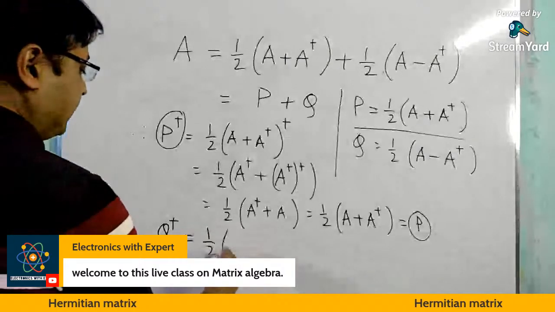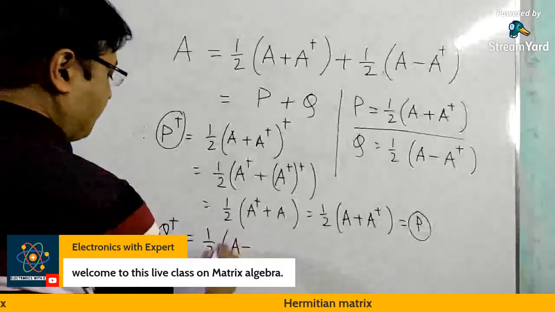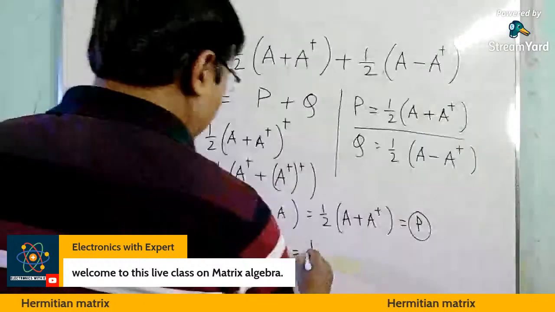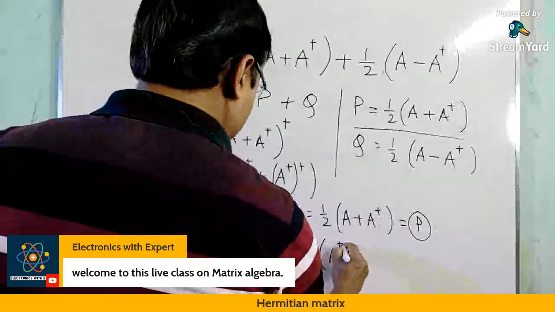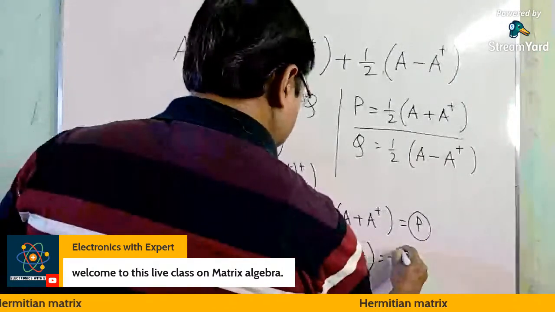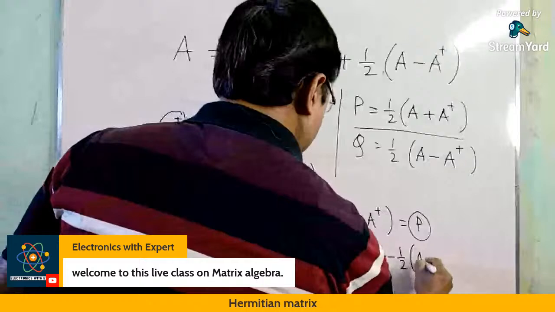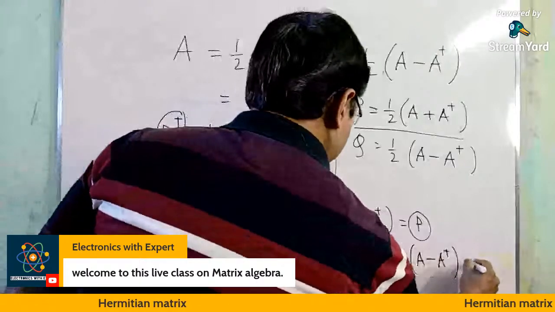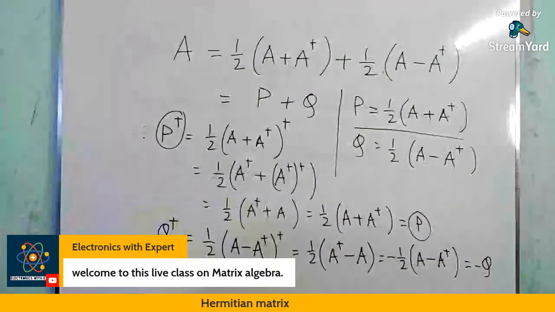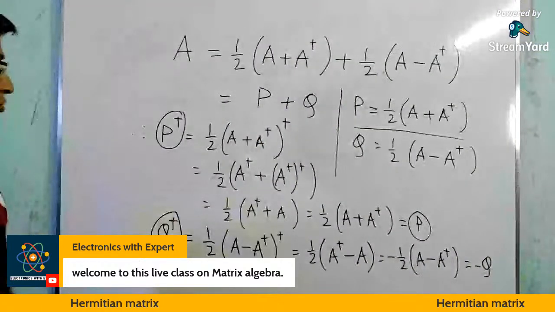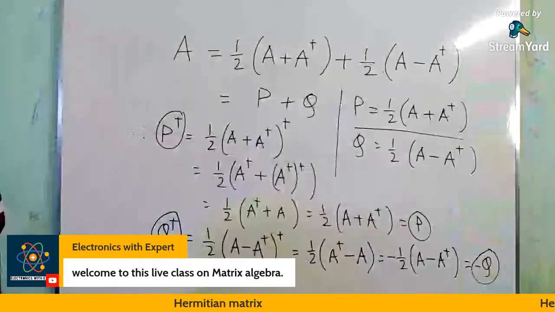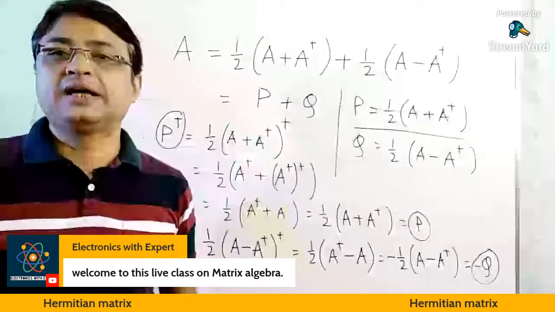Expressing it in the same way, half of (A minus A dagger) whole dagger will be half of (A dagger minus A dagger whole dagger, that is A), or it can be written as minus half of (A minus A dagger), and that is nothing but minus Q. So in this step I have found Q dagger equals minus Q, and that shows that Q is a skew Hermitian matrix.